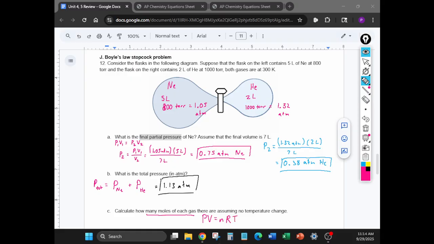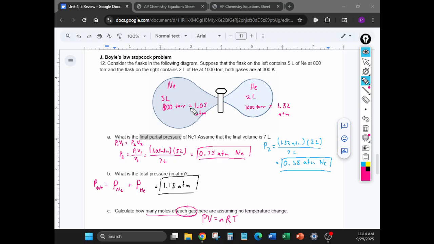We're using the ideal gas law, and we need to do this twice because it's asking for each gas. You have to do this once for neon and once for helium. All you're going to do is plug in the numbers that you have for each. For this one, I would recommend just using your initial numbers instead of the final ones, just to make it a little bit simpler.